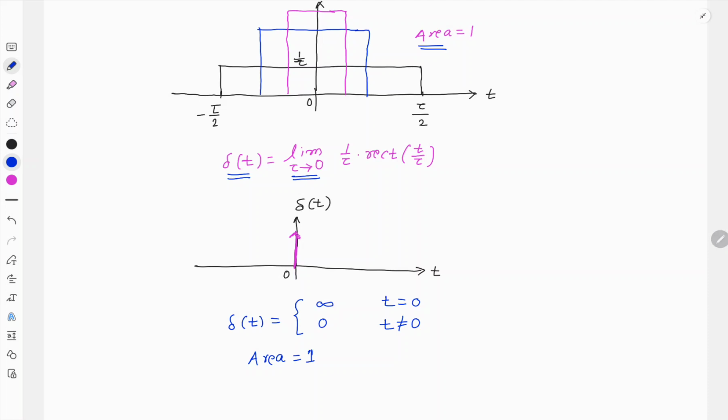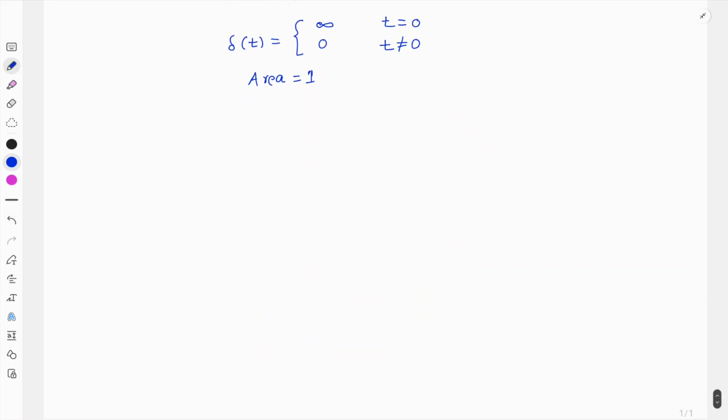But as we know, practically we cannot have a signal with amplitude equal to infinity. Therefore, we need to derive the next equation called unit impulse signal. So we have now unit impulse signal.